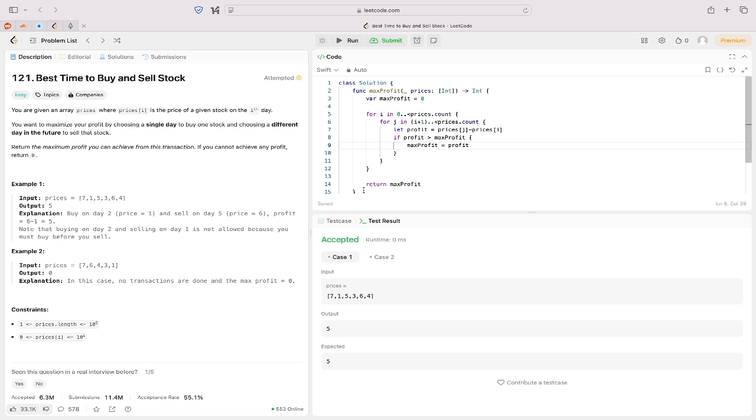This checks every number. Or should we just use the first number? Okay. Let's do this.